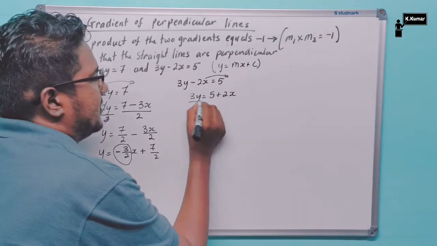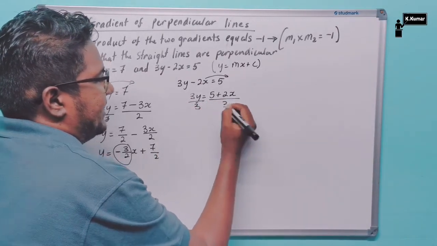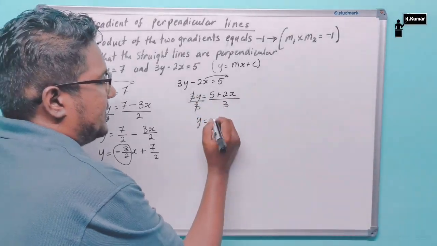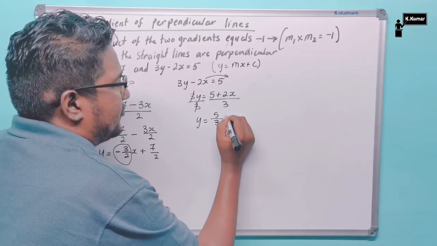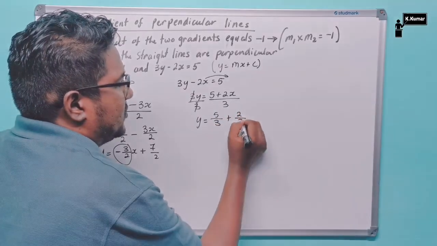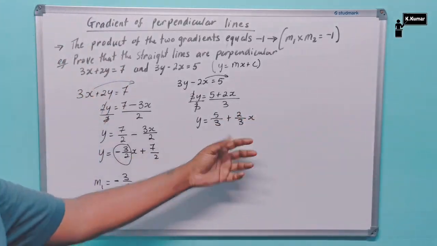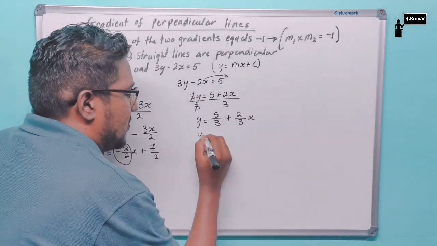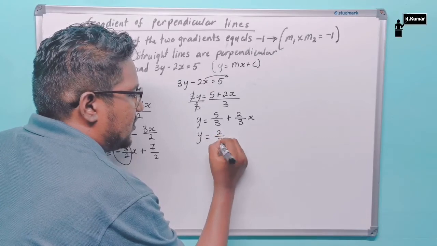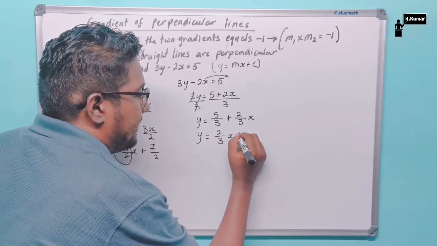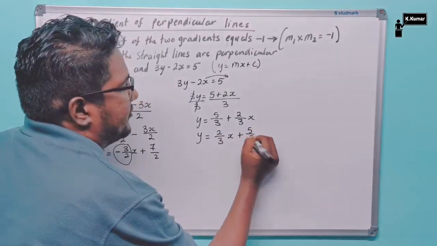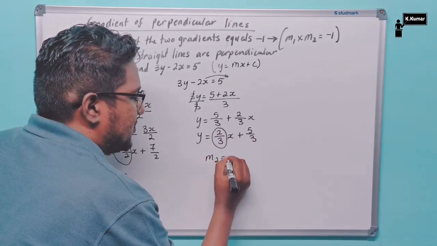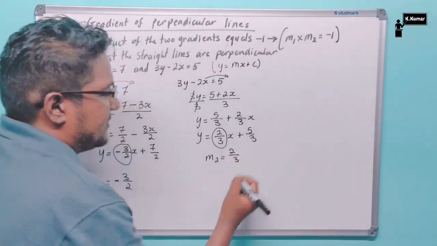We want y alone, so we divide here by 3. y is equal to, so we can now split it, 5 over 3 plus 2 over 3 x. Again, it's still not in the form that we want. We need to switch these two. So y is equal to 2 over 3 x plus 5 over 3. And this is my gradient. So m2 is equal to 2/3.